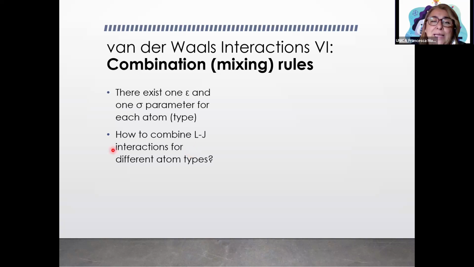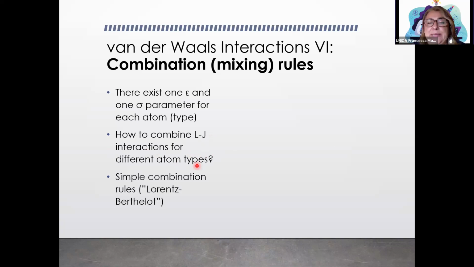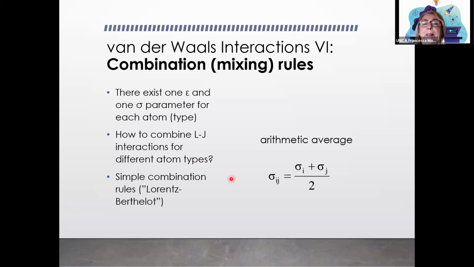How do we combine the Lennard-Jones parameters for different atom types? There are simple combination rules. So, for example, you can use either the arithmetic or the geometric average.